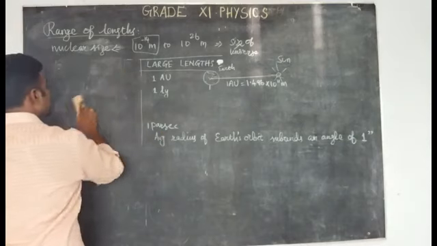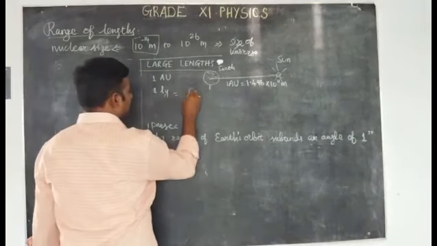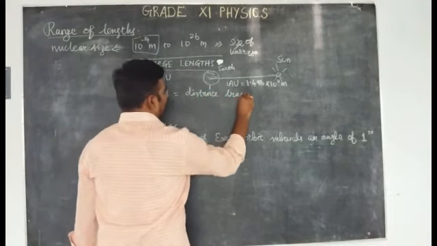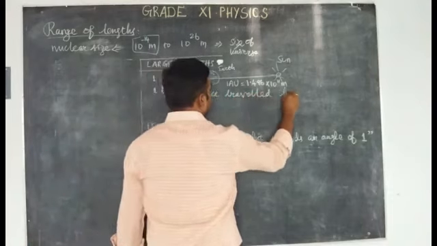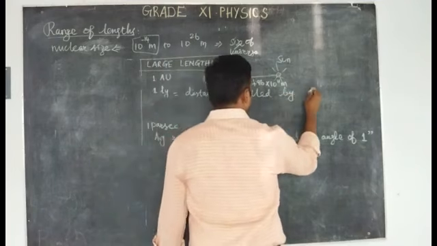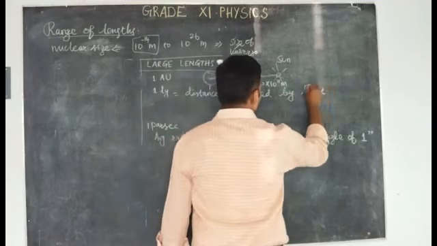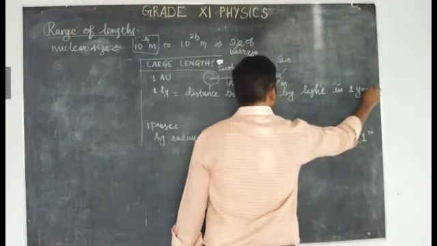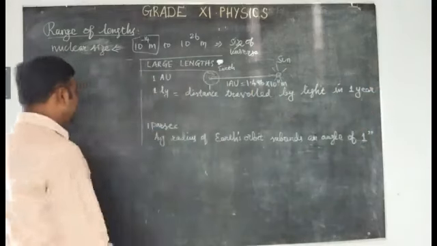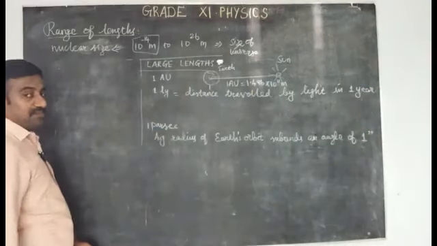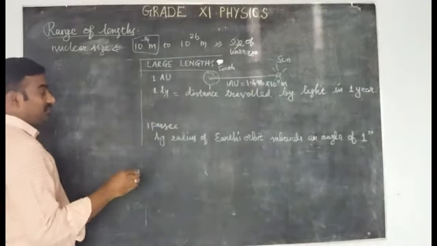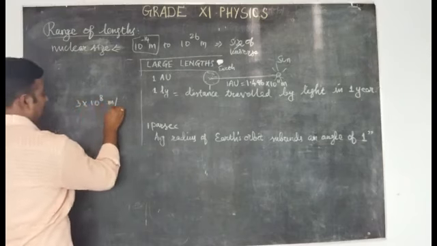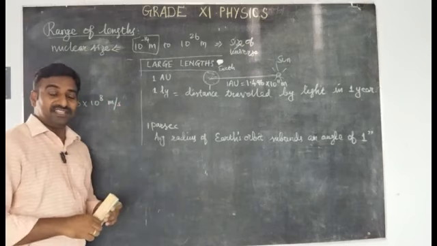A light year is the distance traveled by light in 1 year. Like there is a laser beam I projected. The laser beam travels per second at the speed of 3 into 10 to the power 8 meter per second. I already said this in the first class.